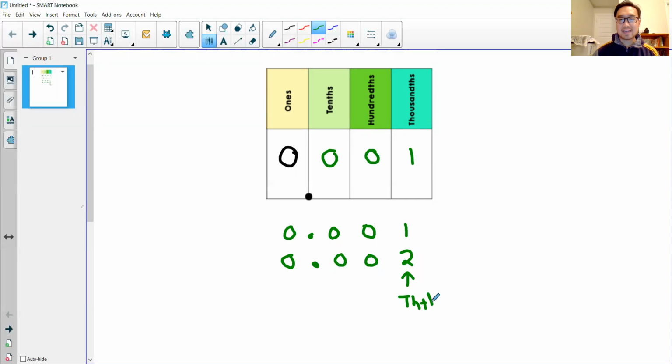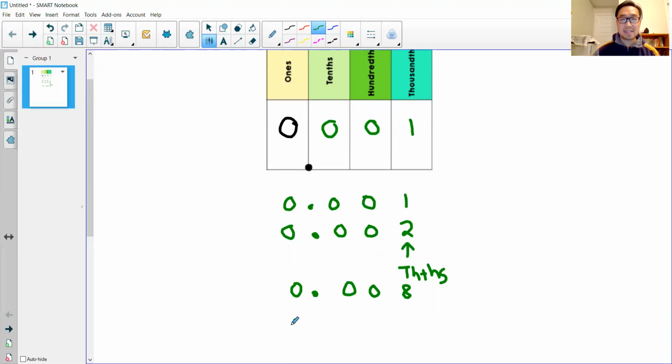So I would have to say thousandths at the end of my number. So once again, this is 2,000ths because it's in the thousandths place value, the last digit is. So if I gave you 0.008, this would be 8,000ths.